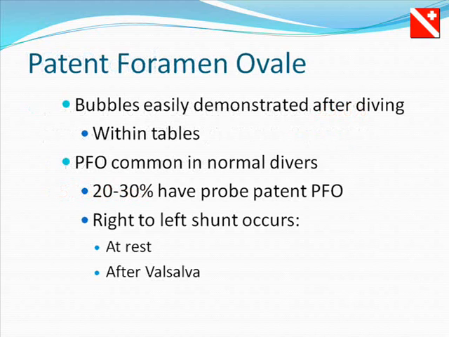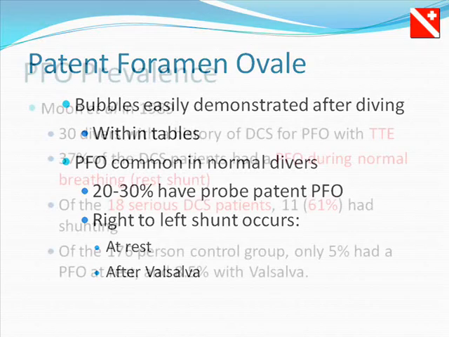Now, yes, there are bubbles after dives. Yes, we know that about 30% of divers will have at least a probe-patent PFO. And yes, we know that some people do shunt even at rest. Now what? Well, of course, we now need to determine, is this an important matter?